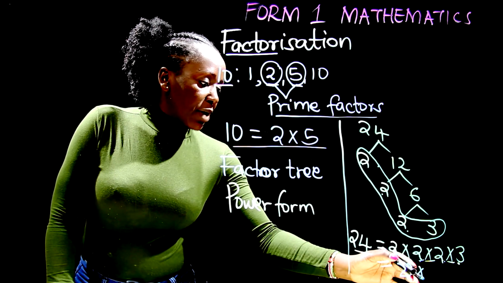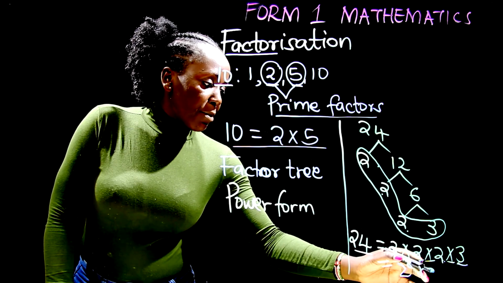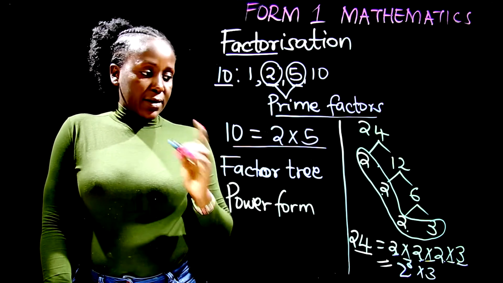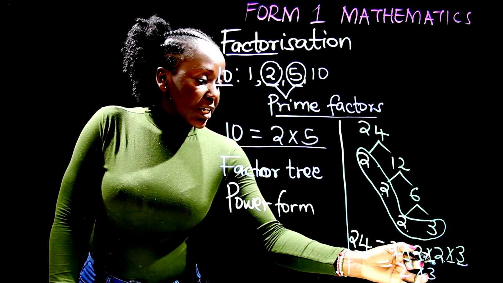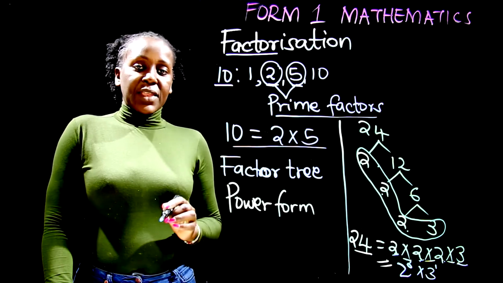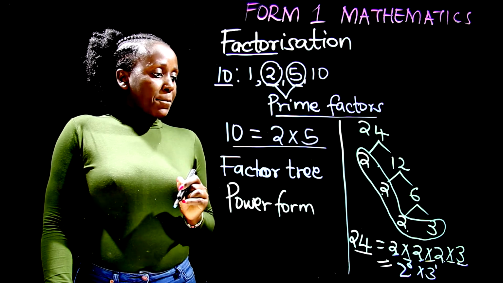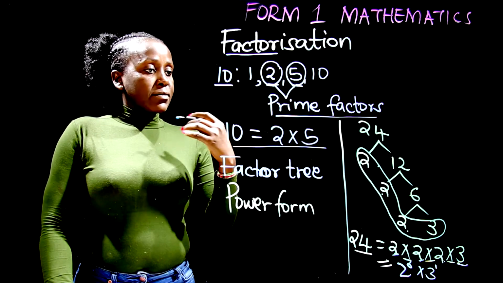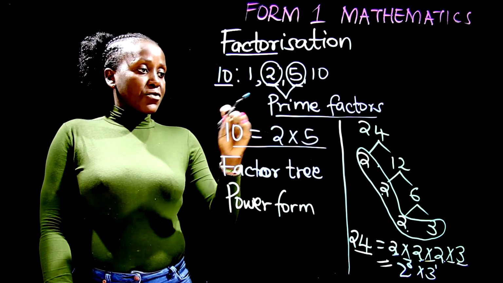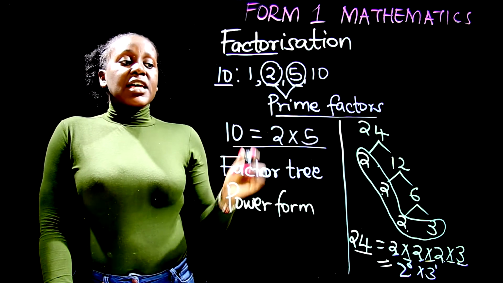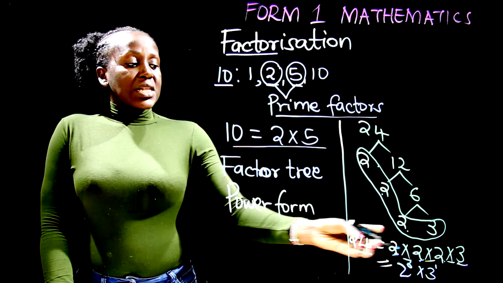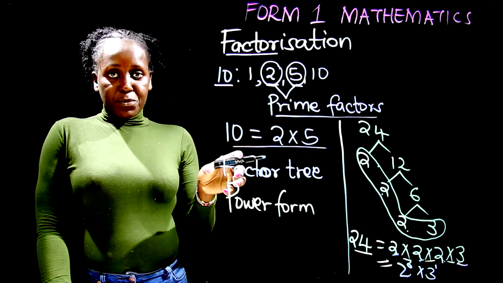Then we multiply by the 3. How many 3's do we have? 1. If it is 1, there is no need of writing it. Now we are going to do another example so that we can master the art of writing a number as a product of its prime factors and also expressing that product in power form.